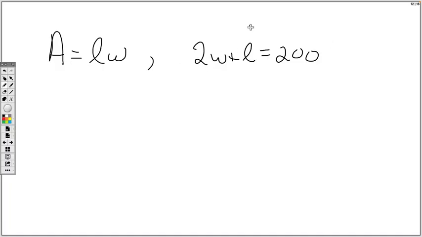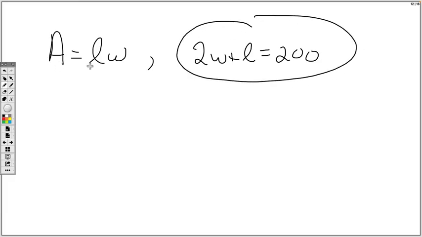So how can I use my constraint to get the A in terms of just one letter? What can I do? So I can solve this equation for either L or W. Let's say I solve it for L. So L would be 200 minus 2W.